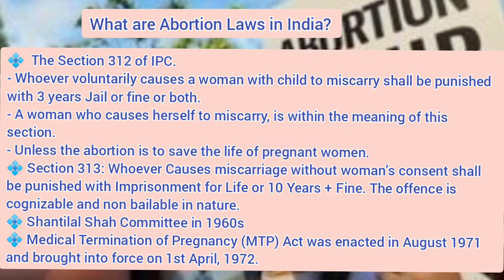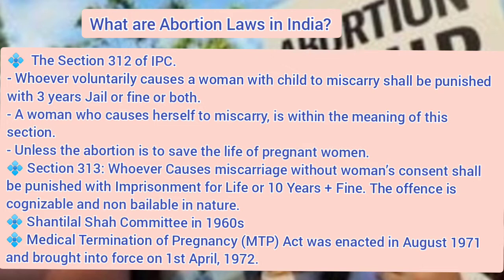A woman, according to section 312 also, it says that a woman who causes herself to miscarry is within the meaning of this section, which means a woman cannot do things that are likely to cause a miscarriage of her fetus.